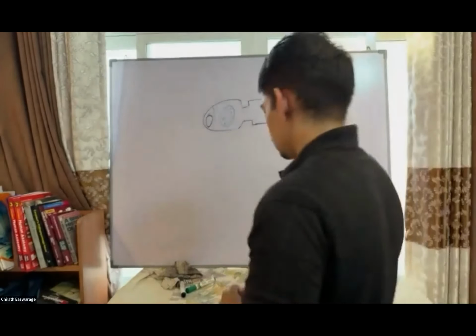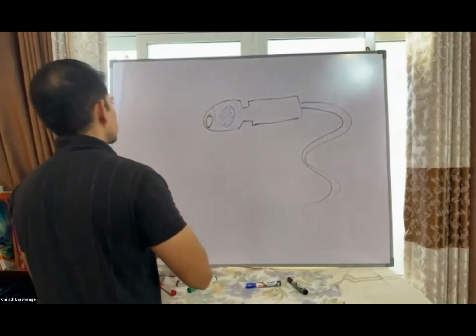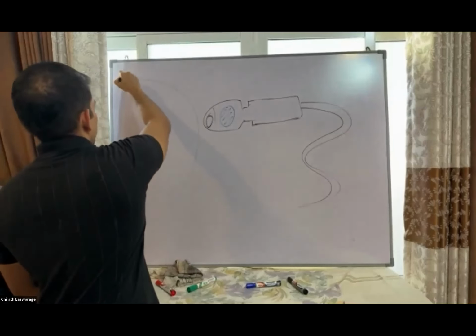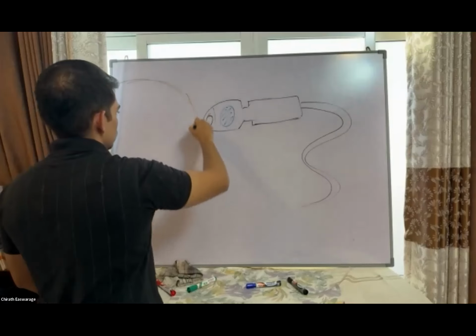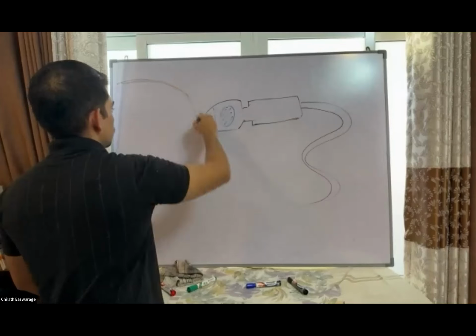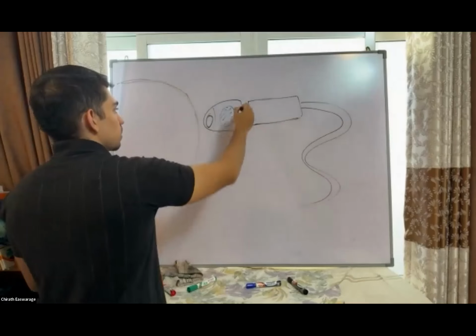When compared to the sperm, your egg is thousands of times bigger. So I'll draw it like this. It's like a spacecraft landing on the moon, right? If your egg is the moon, then the sperm is a small spacecraft landing there.